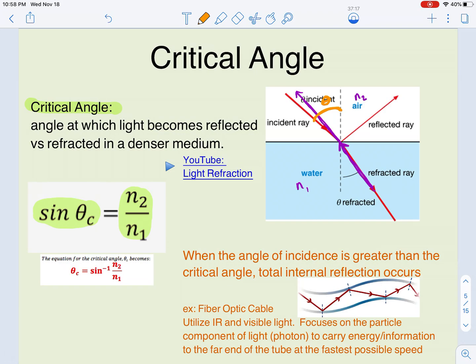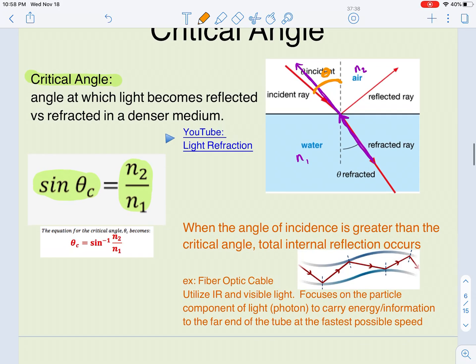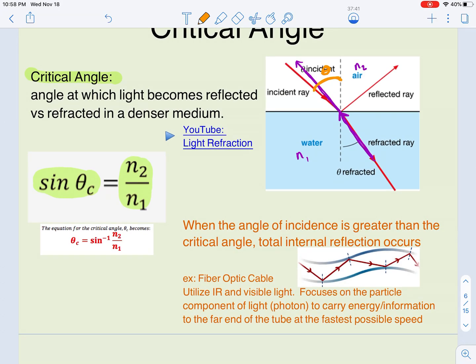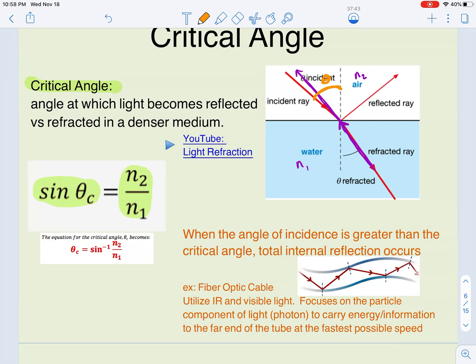Water has a larger n value than air, so larger n values, the speed is slower. So as the light moves from the water into the air, a smaller n value means that the light's going to move faster. So it's going to bend away from the normal line. We are going to have a greater angle. So make sure that you understand that it doesn't always have to go down from the air into the water. It just needs to change from one medium into another.